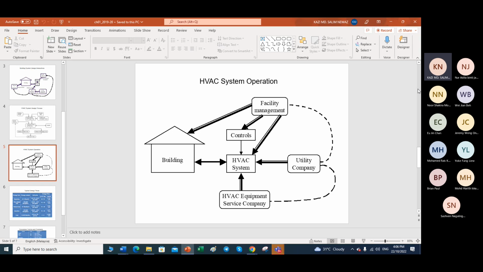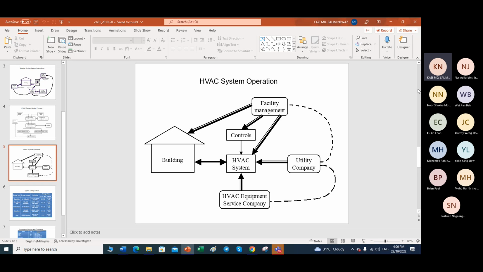Then the HVAC system is linked with the control system. Then the utility company comes in. Utility is HVAC, all these things are utilities. That company will give feedback. Finally, feedback comes from the HVAC equipment services company.